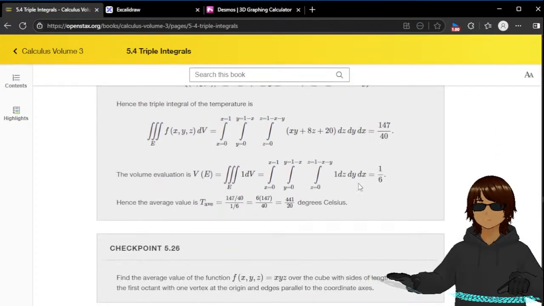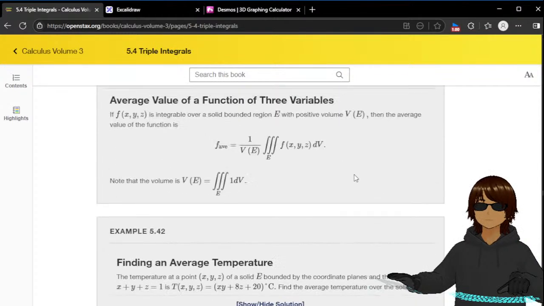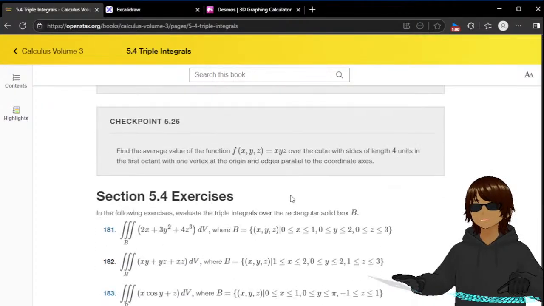Alright, and then we get 1 over 6. No, the volume itself is 1 over 6. And then we multiply these two, right? So we get 441 over 20 degrees.